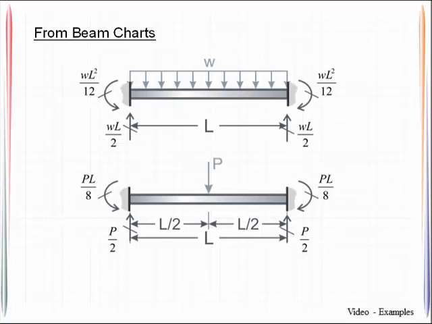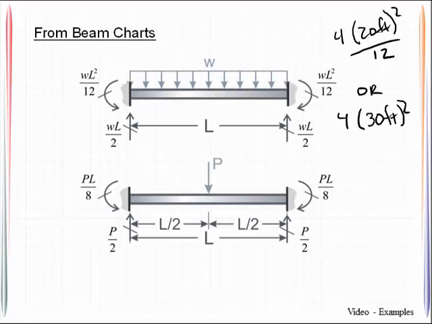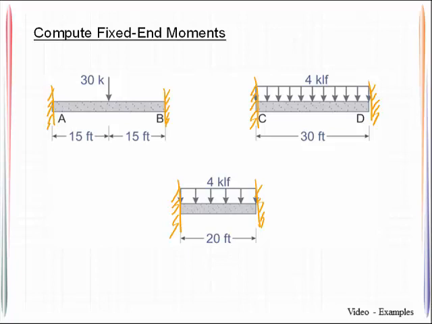And so the computations that would be happening here would be 4 kips per foot times 20 feet squared over 12, or we do have a beam that is 30 feet long, so we will get 30 feet squared over 12. Down here we have 30 kips, 30 feet, all divided by 8 is what would be happening. You do the calculations on that. You can very easily get what the reactions are back here.